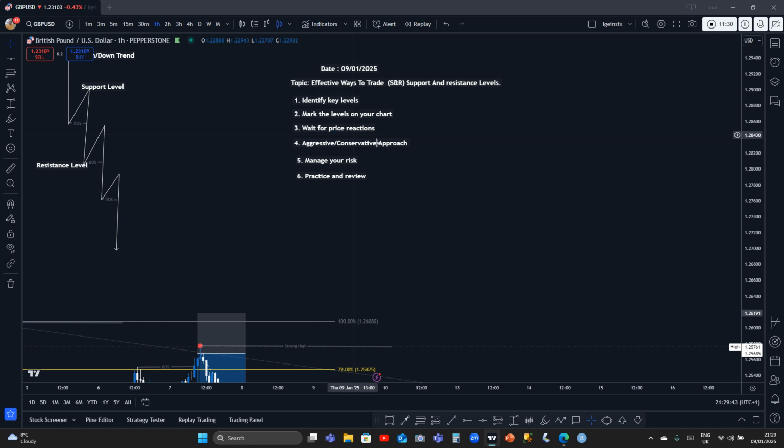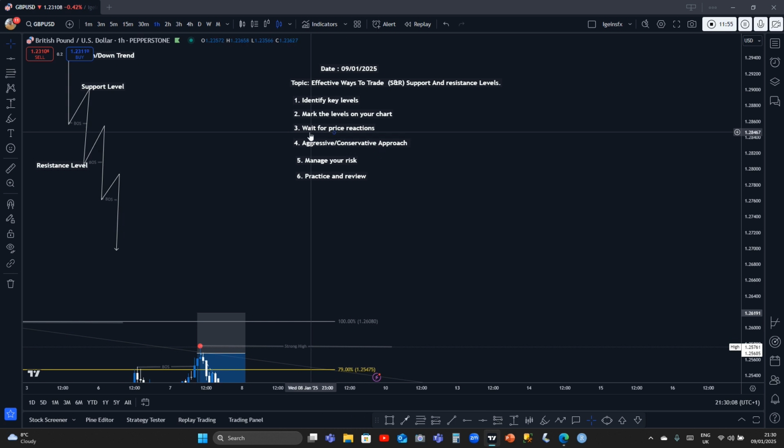So the third one is for you to wait for the price reaction. All right. By waiting for the price reaction, you'll be looking for a bounce or a break. What you need to do is monitor the price as it approaches the support or resistance level.